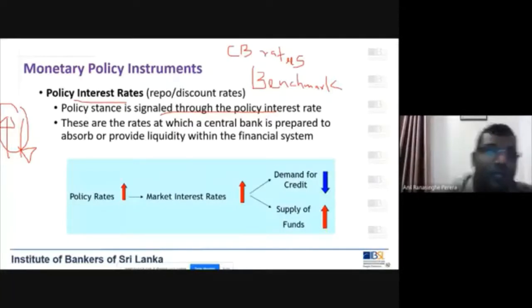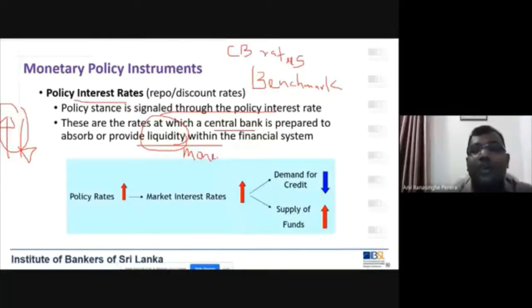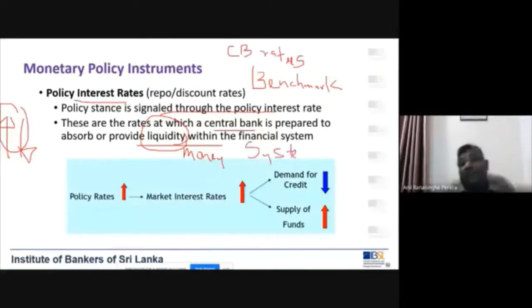These rates are technically used by the central bank to provide liquidity or absorb liquidity, which means money in the economic system. So there could be excess money or there could be deficit money. When there is excess money, the central bank can absorb money. When there is deficit money, the central bank can supply. I'll come back to that in the next slide.